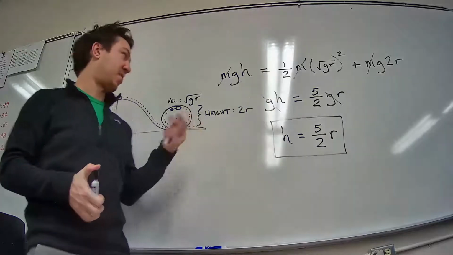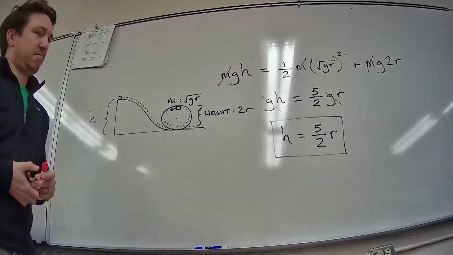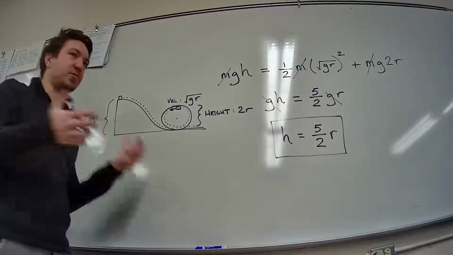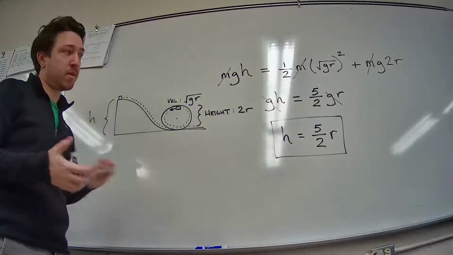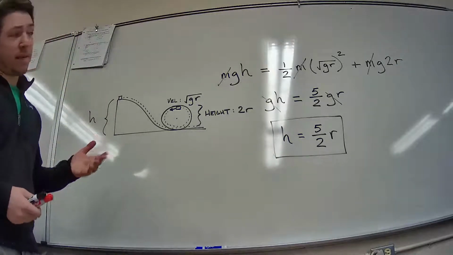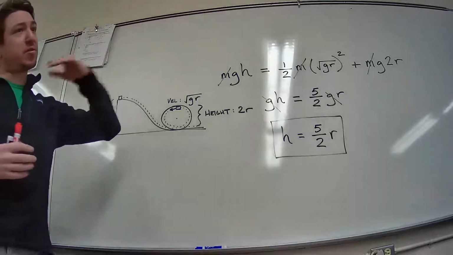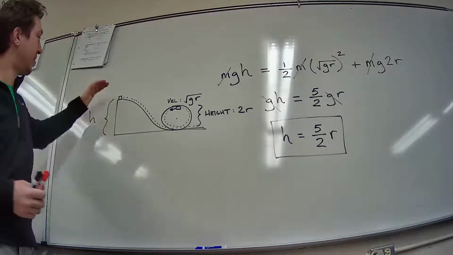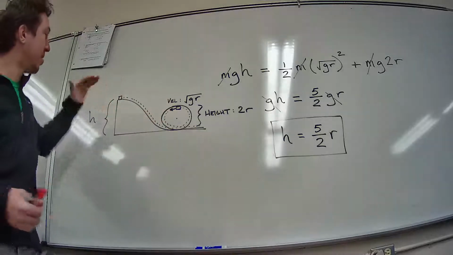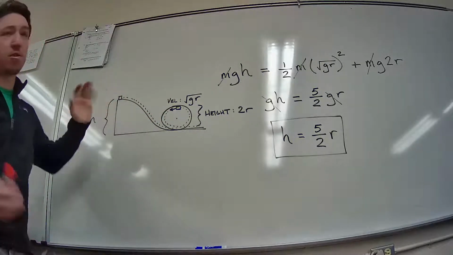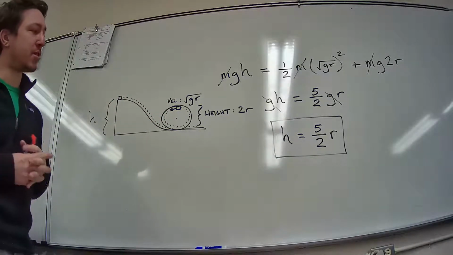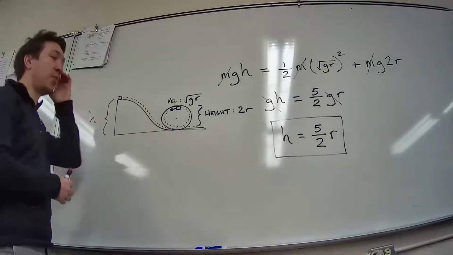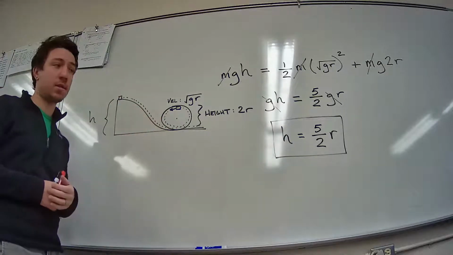I would have thought, if gravity was stronger, does that affect the answer? No. So it turns out your roller coaster on the moon could have, at least in the simplified design here, the same height. It wouldn't really matter how strong gravity is. The value of g doesn't matter. You just need your height to be 2.5 times bigger than the radius.